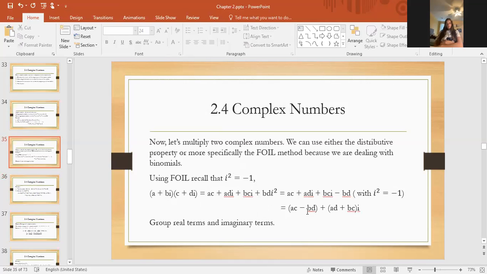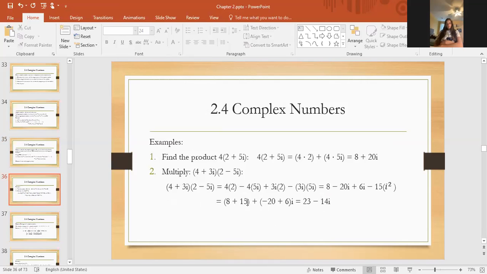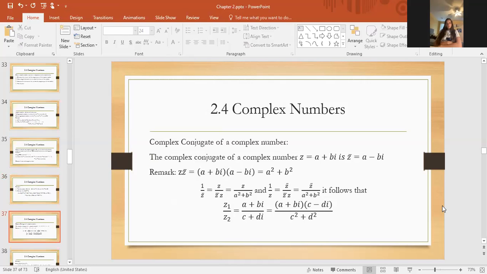We have AC minus BD. That is why we are having here 8 plus 15 instead of 8 minus 15. And for the imaginary part, we are going to do 4 times minus 5, which is minus 20, and 3 times 2, which is 6. So we get 23 minus 14i. So you will practice this more at homework.